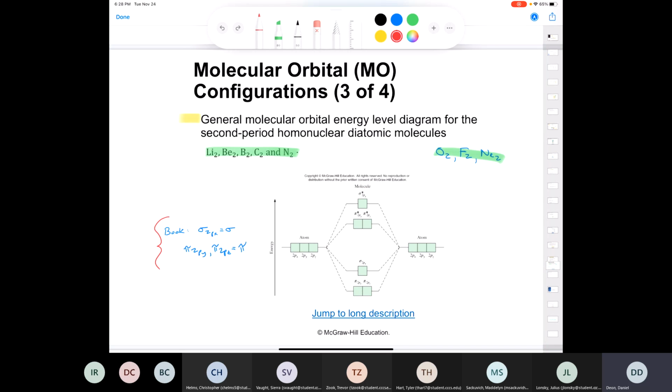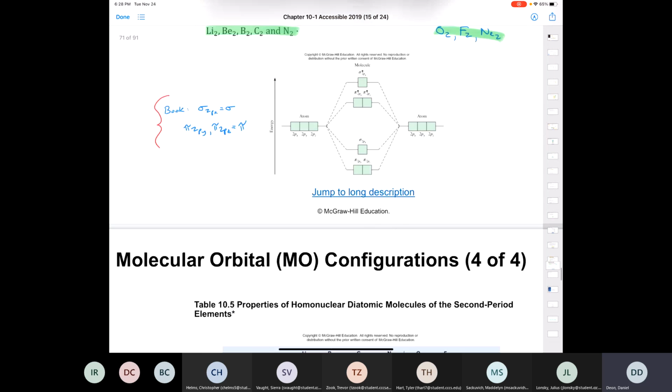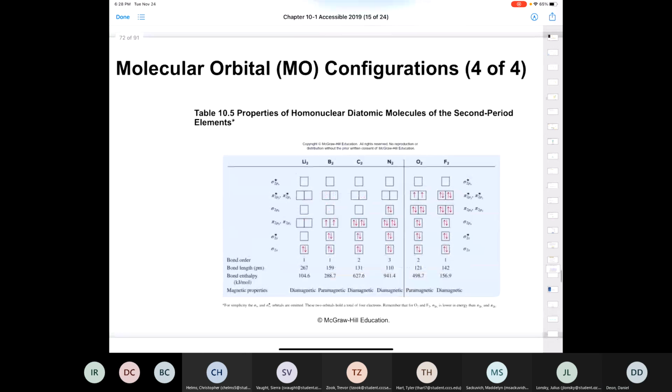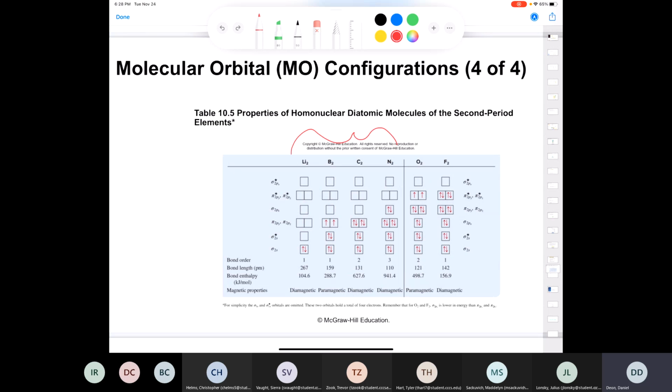Now notice that this page just covers the 2p orbitals. If we look at the full orbital diagram for the second period, which is what I had on the last slide, notice that there are 2 different sets. There's a set for lithium to nitrogen, and then from O2 to F2, and Ne2 isn't even on here.